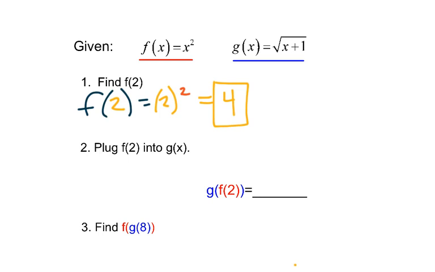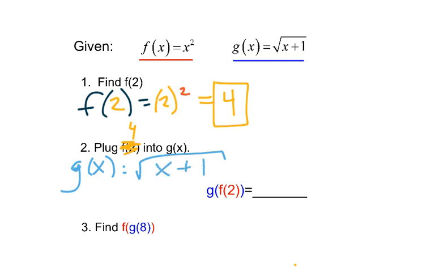All right. Then they want you to take this f of 2, so basically they're saying 4, because that's what we just got, into g of x. So now we're going to take g of x, and we're going to plug that into x plus 1 in a square root.